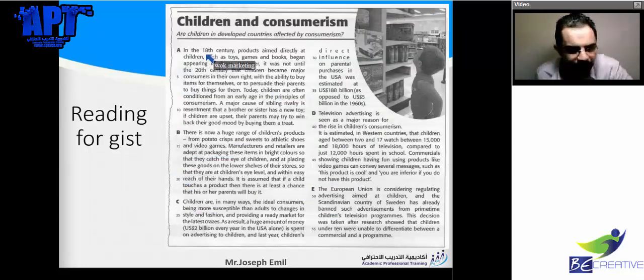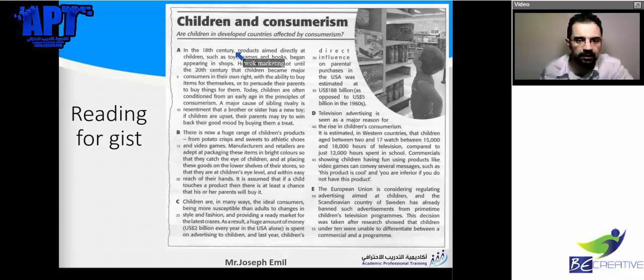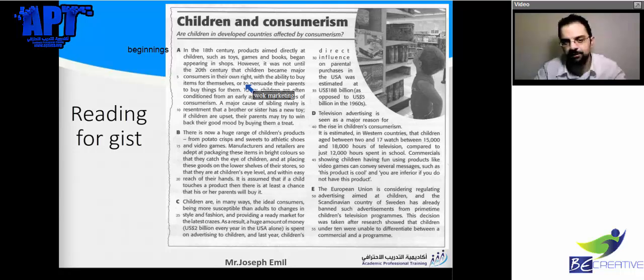Anyway, in the 18th century, products aimed directly at children, such as toys, games, and books, began appearing in shops. So we were talking about beginnings. Now, of course, he will be talking about the history, and then he will explain what happened next in the 18th century.